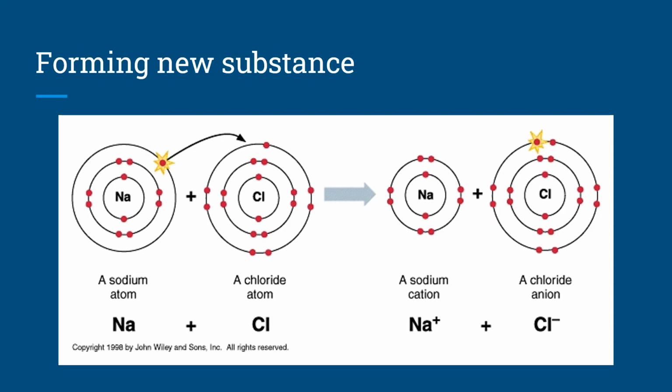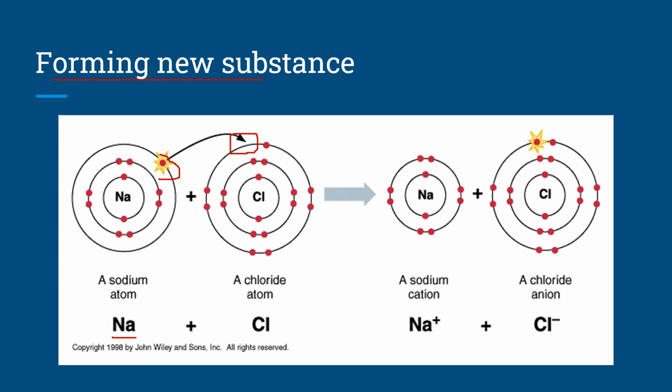By this way, they will form new substances. Here we have a sodium atom. Sodium will lose one electron, and here we have Cl, chlorine, and chlorine can gain one electron. It has a space for gaining one electron.